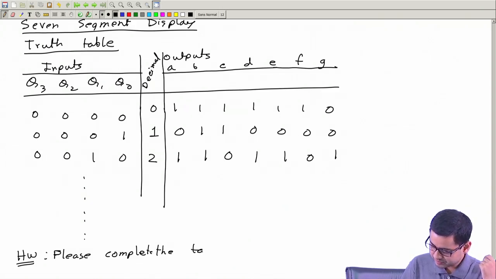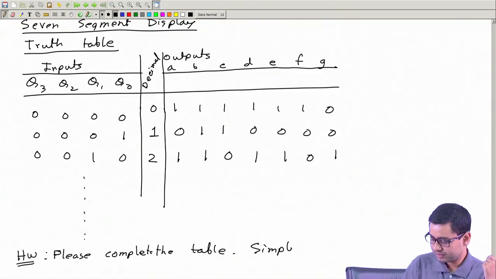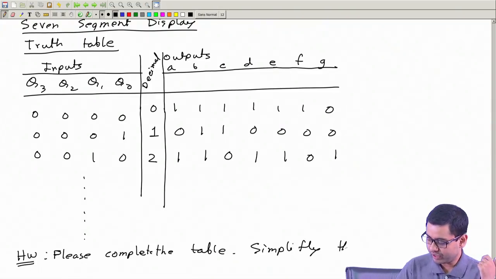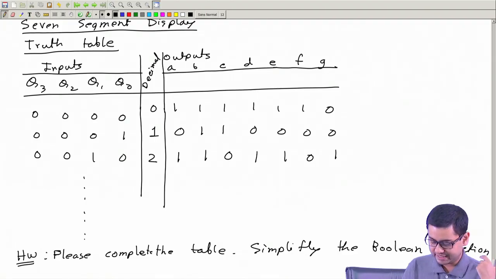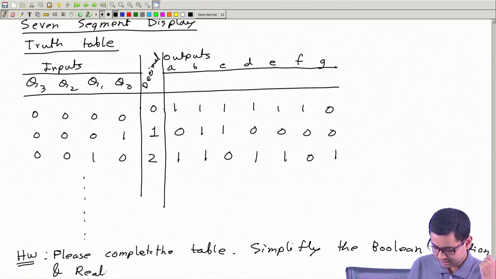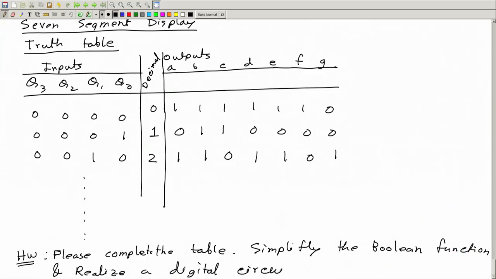Complete the table and then simplify the Boolean functions using Karnaugh map or whatever method you like, and then realize the digital circuit with AND or NOT gates.